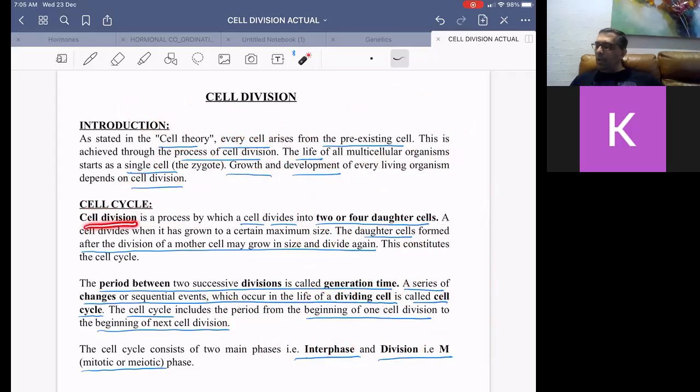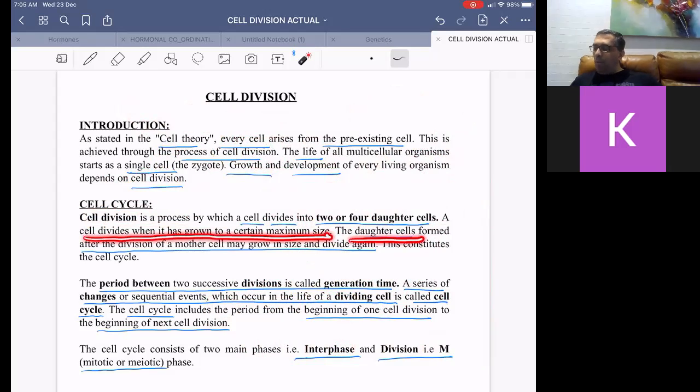Cell division is a process by which a cell divides into two or four daughter cells, two during mitosis and four during meiosis. Now, a cell divides when it has grown to a certain maximum size.